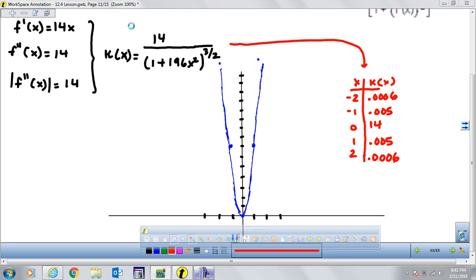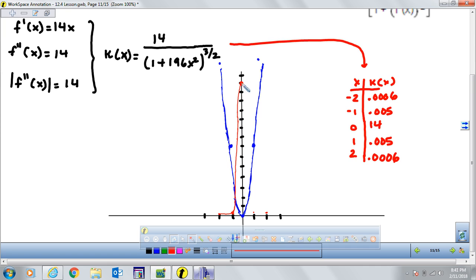That's what this function is telling me: the value for the curvature is almost going to be 0 at negative 2, almost 0 at negative 1, and also at positive 1 and at positive 2, but as it approaches 0, the curvature is going to go all the way to a curvature of 14.